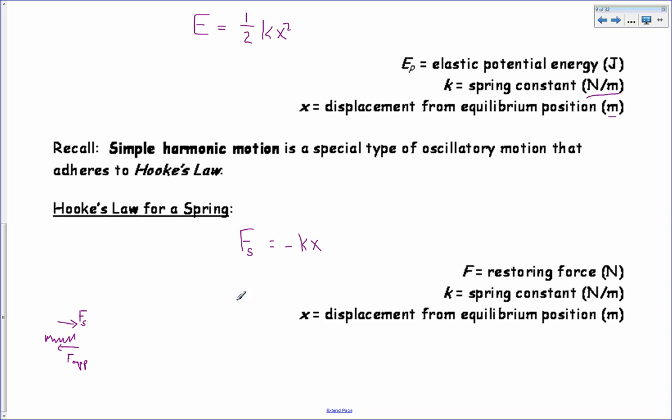Or the way you can think about it is that the restoring force is in the opposite direction as the displacement from the equilibrium position. If you had pulled a spring out, then there's your F applied, and that's your x, of course, so that would be the displacement. The restoring force is this way. So because the restoring force and the displacement are in opposite directions, that's why we have a negative sign in the formula.